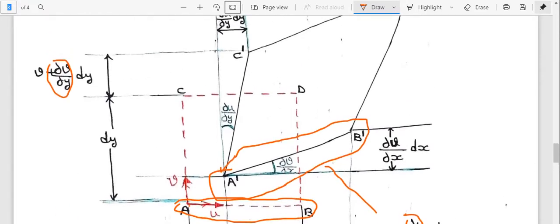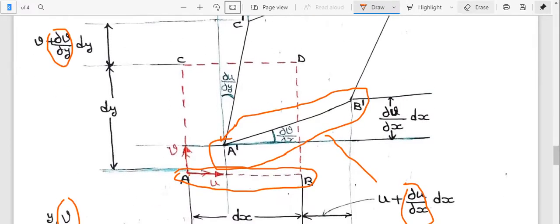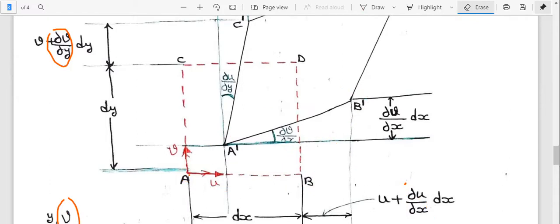Once we observe this diagram, the shear strain gamma xy is defined to be the change in the angle between the AB and AC.